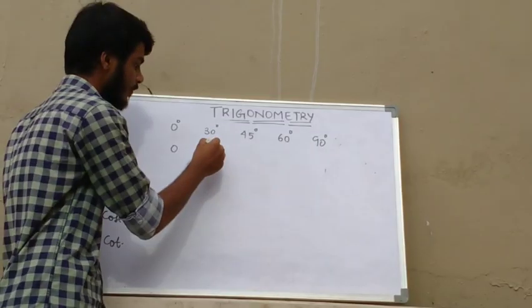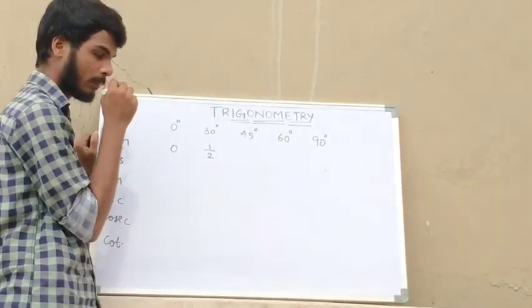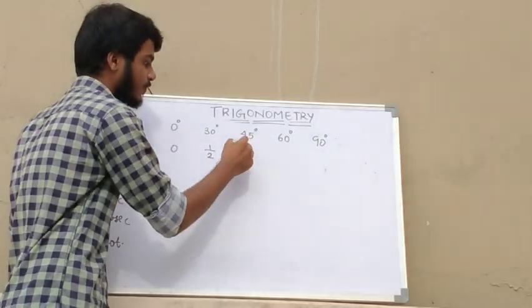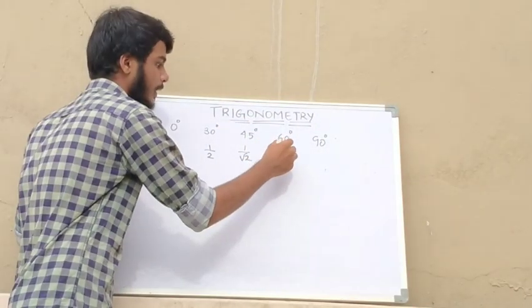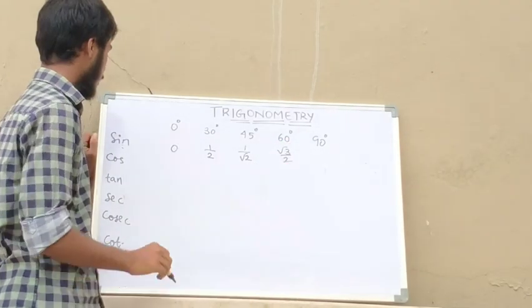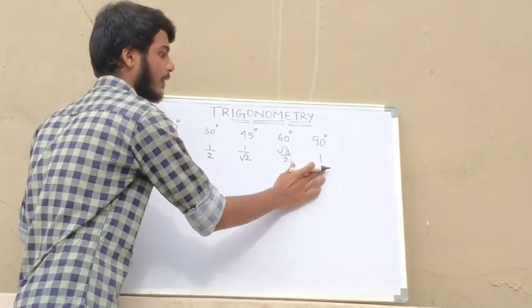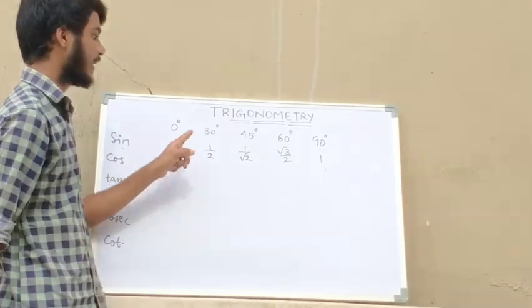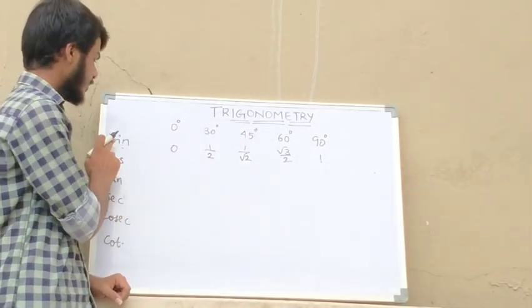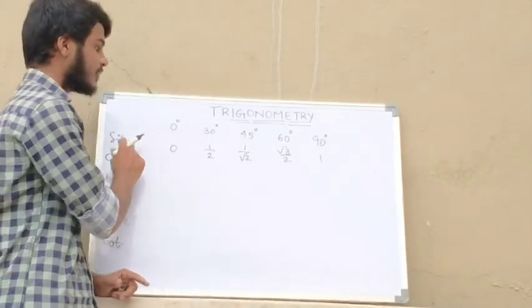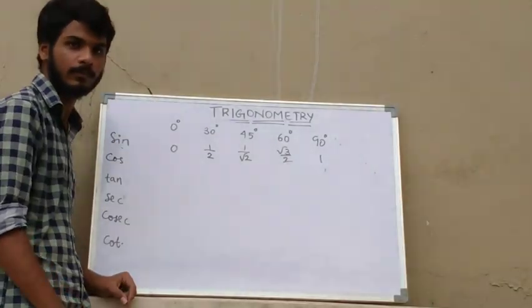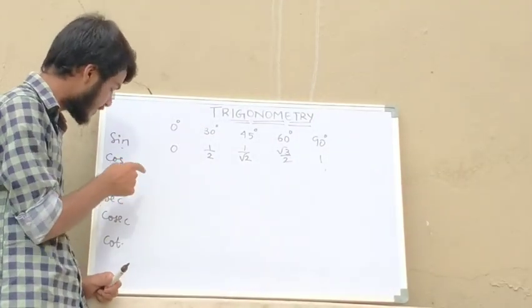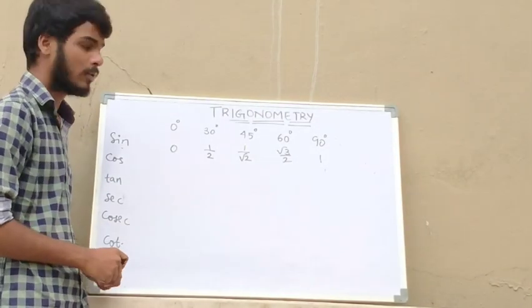Next sin 30 is 1 by 2. Next sin 45 is 1 by root 2. Sin 60 is root 3 by 2. Sin 90 is 1. So you just need to remember the values of sin. Automatically you will get all the values of cos, tan, secant, cosecant and cot.